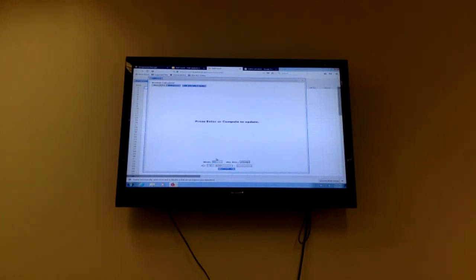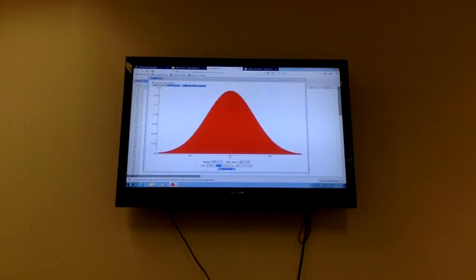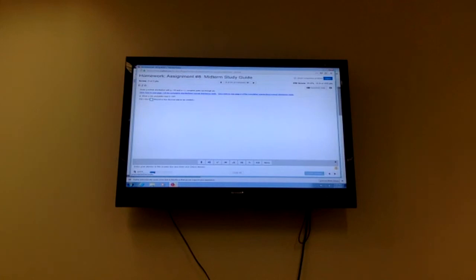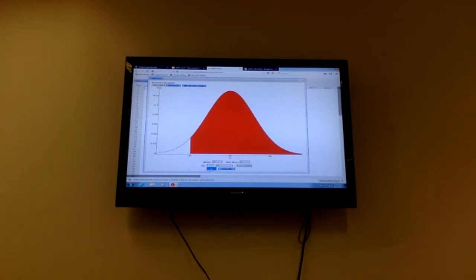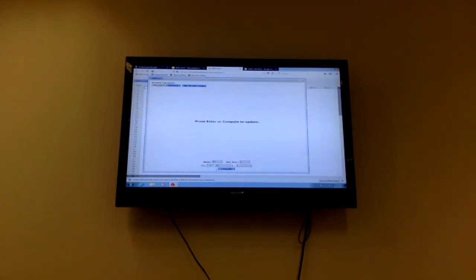So 55, 3, x greater than 50. So 0.9522. So less than 52, that's kind of redundant. 0.1587.